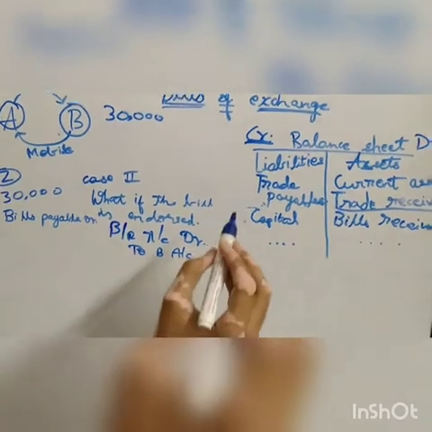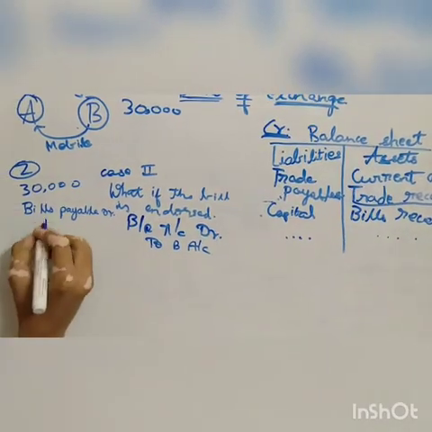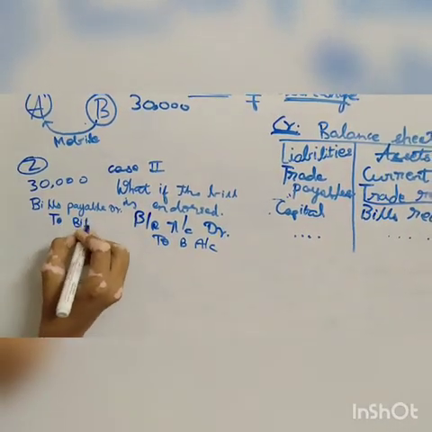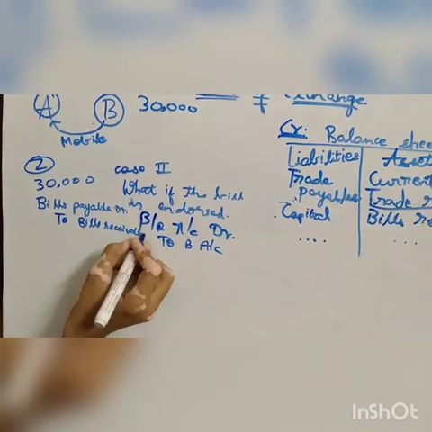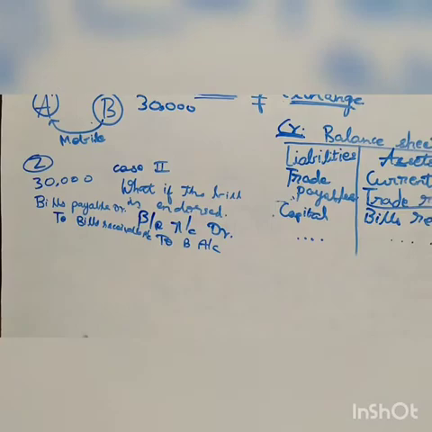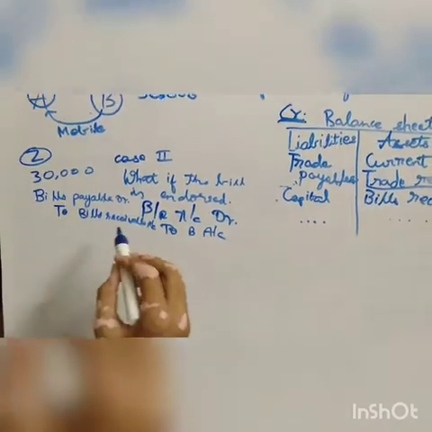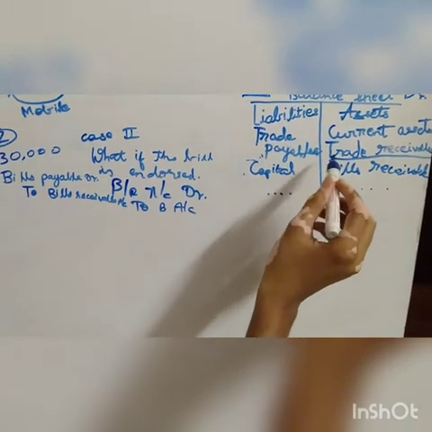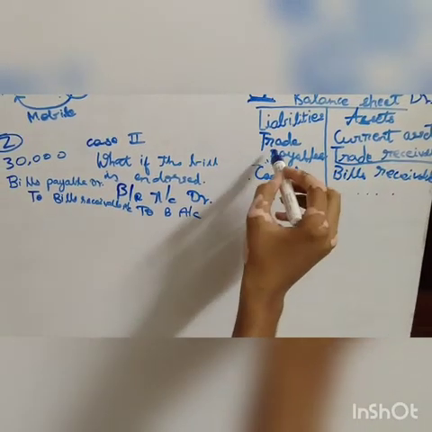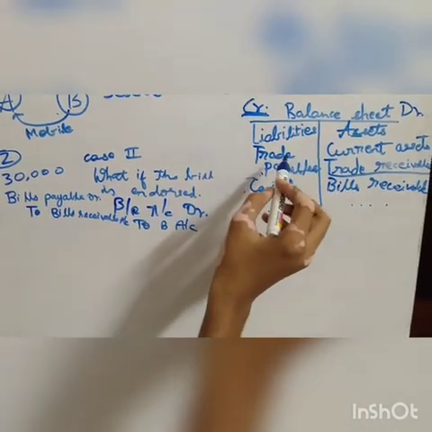Since bills receivable is a debit balance, you have to credit it. Let us understand this more briefly. When there is a trade payable for the same amount, you would endorse the same bill to him so that he would collect the money from B.